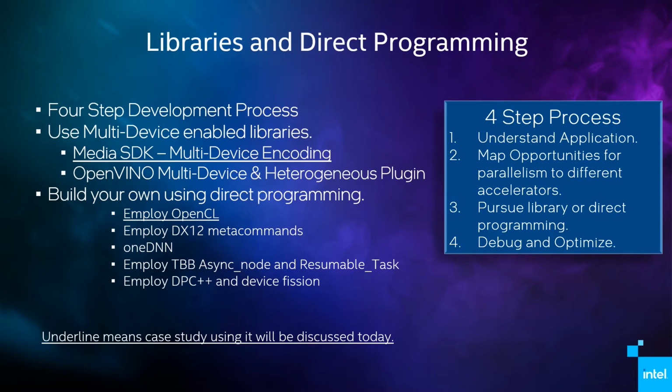The underlined techniques here are ones where we have case studies to showcase later. And so we have Media SDK as well as OpenCL, and we have some case studies that highlight use of those. However, there is documentation available that shows how to use the other techniques to take advantage of multiple devices or those multiple accelerators.